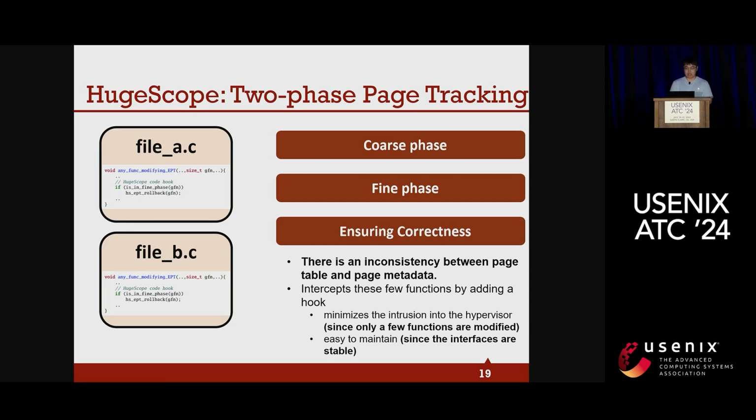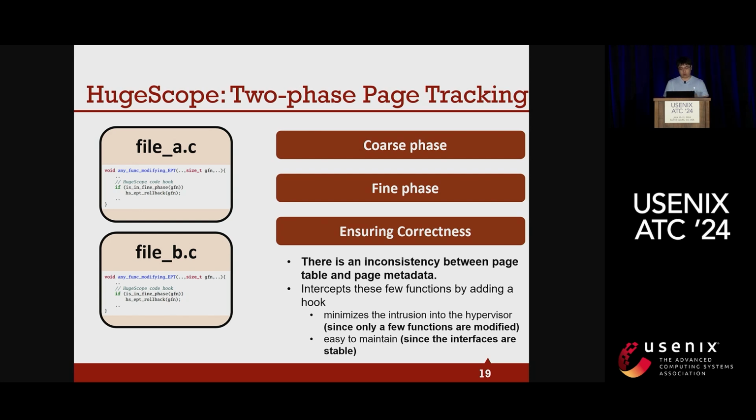The page metadata tells us this page is a huge page, but the second-level page table tells us this page is a base page. But the inconsistencies are rarely perceived by the hypervisor due to our insight 1, which is that the second-level page table is rarely accessed by the hypervisor. But once the hypervisor finds inconsistency, it will cause a conflict and undefined behavior.